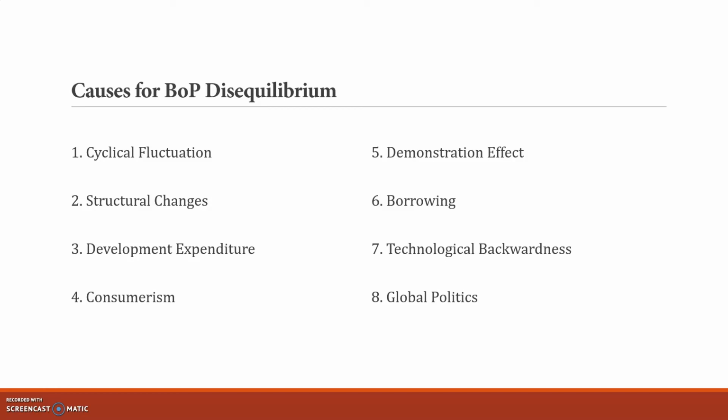The fourth one is consumerism. What does consumerism mean? The attitude of consumers, that is due to a high marginal propensity to consume. What will the attitude and behavior of the people be? They want more commodities. So we have to import to fulfill the needs of the consumers.